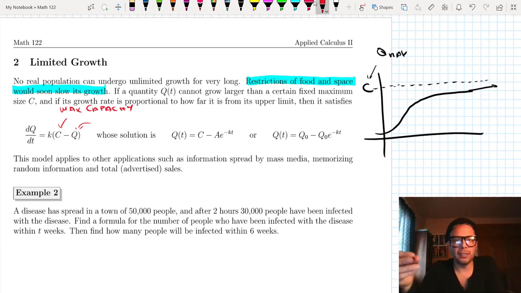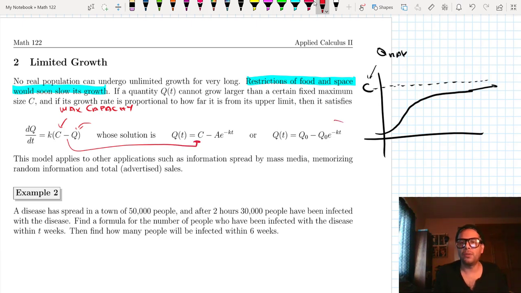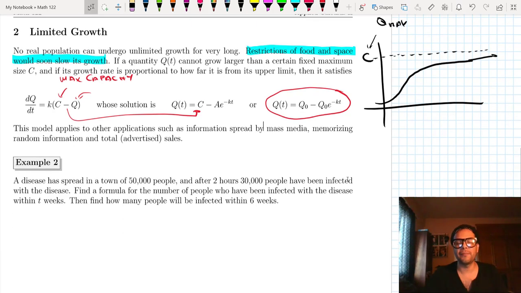For example, if the town that we are working with is comprised of 50,000 people, there's no way to have more people than it already has, right? So that wouldn't make sense. If you read the book, this is the model they show us here. However, I will use a simpler model in terms of simply the initial amount of the population.